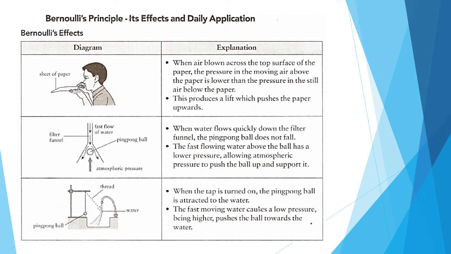Okay, now we look at the effect of the Bernoulli principle on daily applications. So we have 5. First, we look at the sheet of paper. When you blow across the top surface of the paper, the pressure of the moving air is lower than the pressure of the still air below the paper.